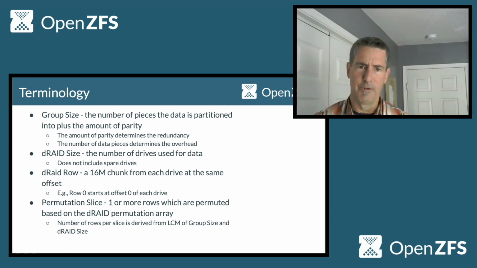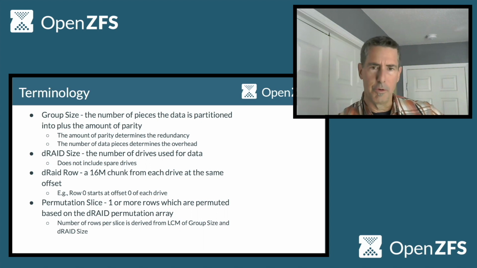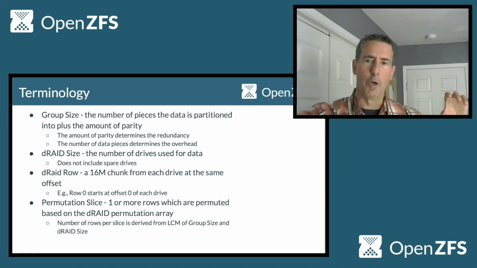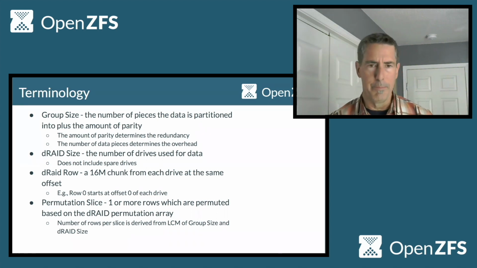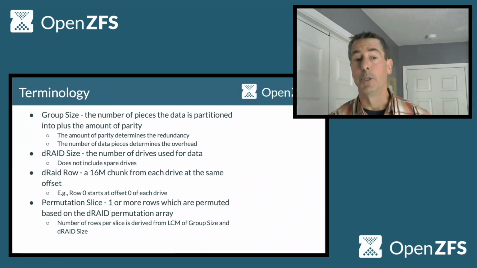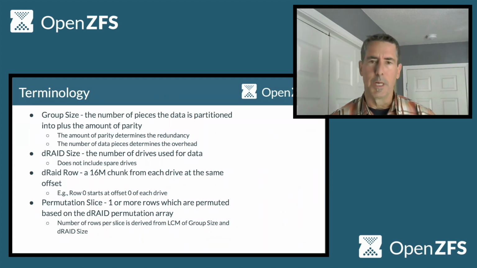For example, row 0 is offset 0 through offset 16 meg across all drives in the config. And you'll see why that's important in a little bit. And a permutation slice is one or more rows which are permuted based off of the dRAID permutation array. The actual number of rows per slice is derived from the least common multiple of the group size and the dRAID size.